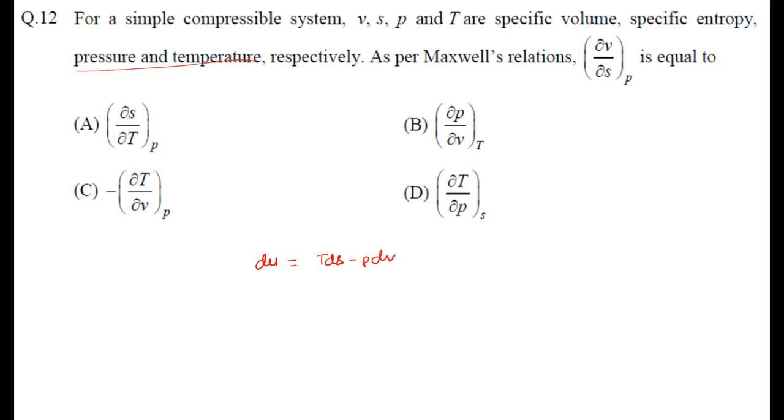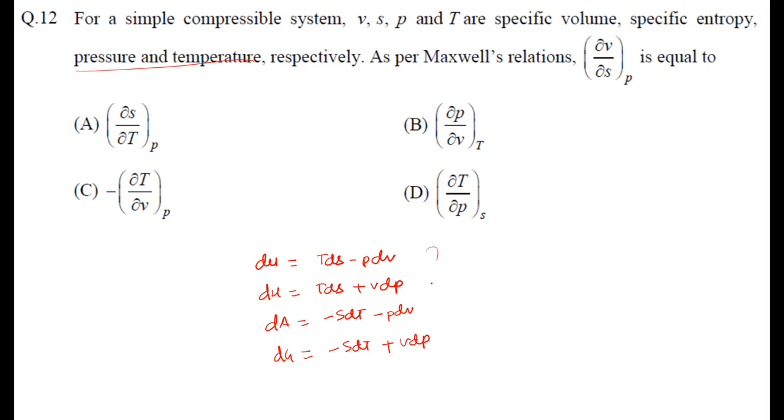First one is dU equals TdS minus PdV. Okay, second one. Okay, fine.